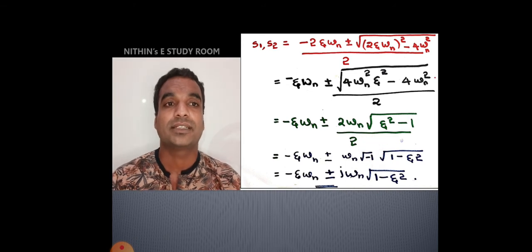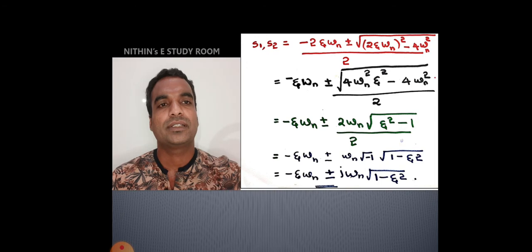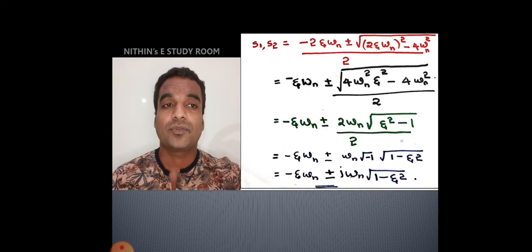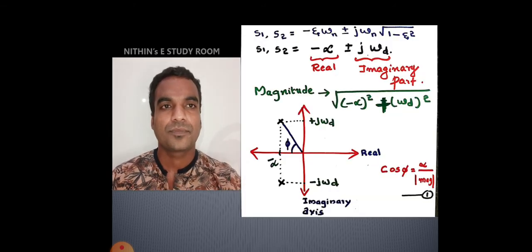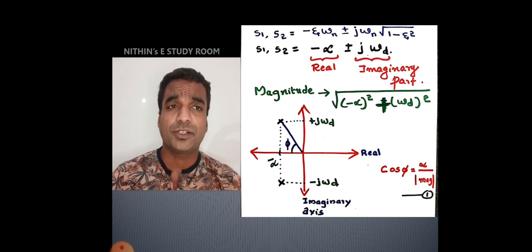Root of minus 1 is nothing but j. So in the next equation it will become minus eta omega n plus or minus j omega n root 1 minus eta square. So S1, S2 are minus eta omega n plus or minus j omega n root 1 minus eta square.